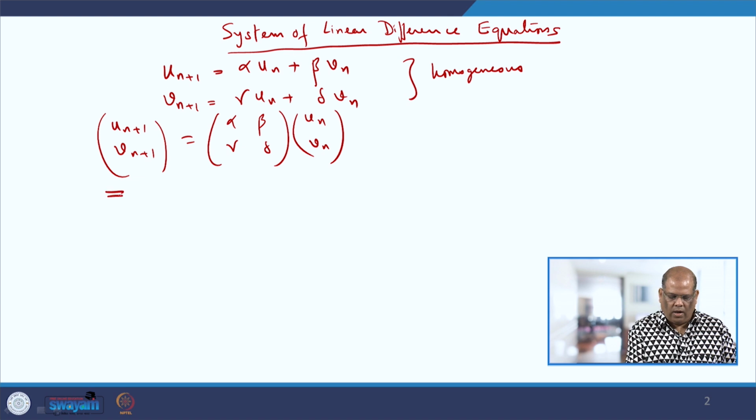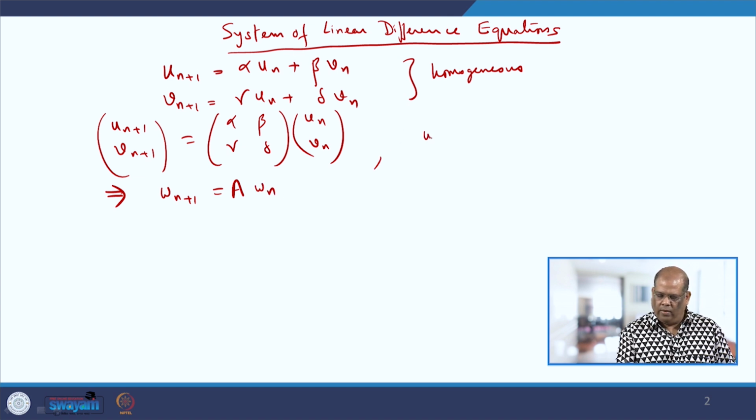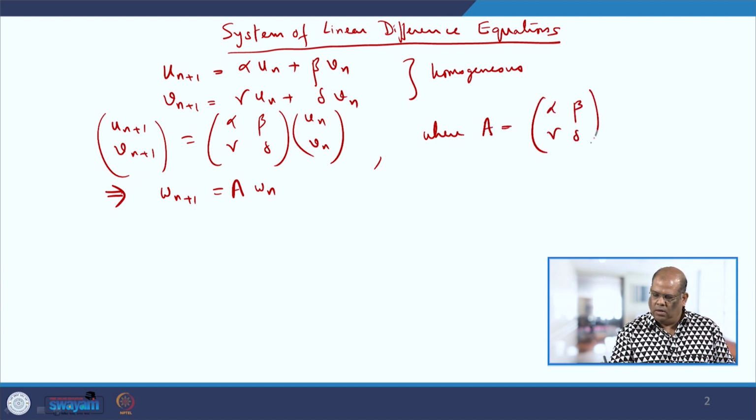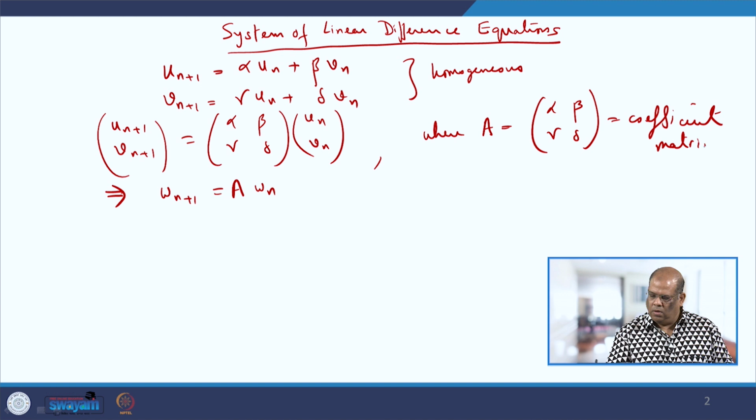So, if I want, I can write it like this, say W n plus 1 equal to the coefficient matrix A multiplied by W n, where A is called the coefficient matrix and W n is equal to U n, V n.